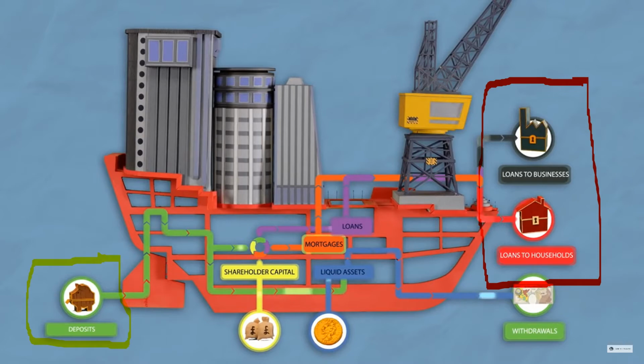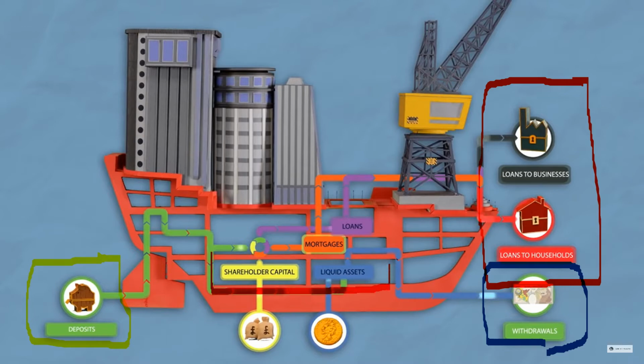Now we also want to be able to go to our bank and withdraw money. So the bank can't lend out all the deposits it receives in terms of loans to households. It must keep some money within the bank, on this diagram indicated by the liquid assets and shareholder capital.